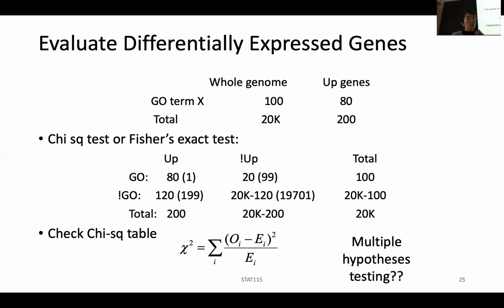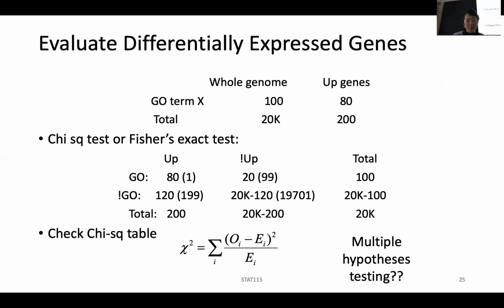We need to do this one term at a time, over 180,000 times. So after you calculate the differential expression, you get the 200 differentially expressed genes. You will need to do this test for all the 180,000 gene ontology terms. And for each term you ask, do I see this term enriched in my upregulated genes? Therefore, yes, you do need to do multiple hypothesis testing.